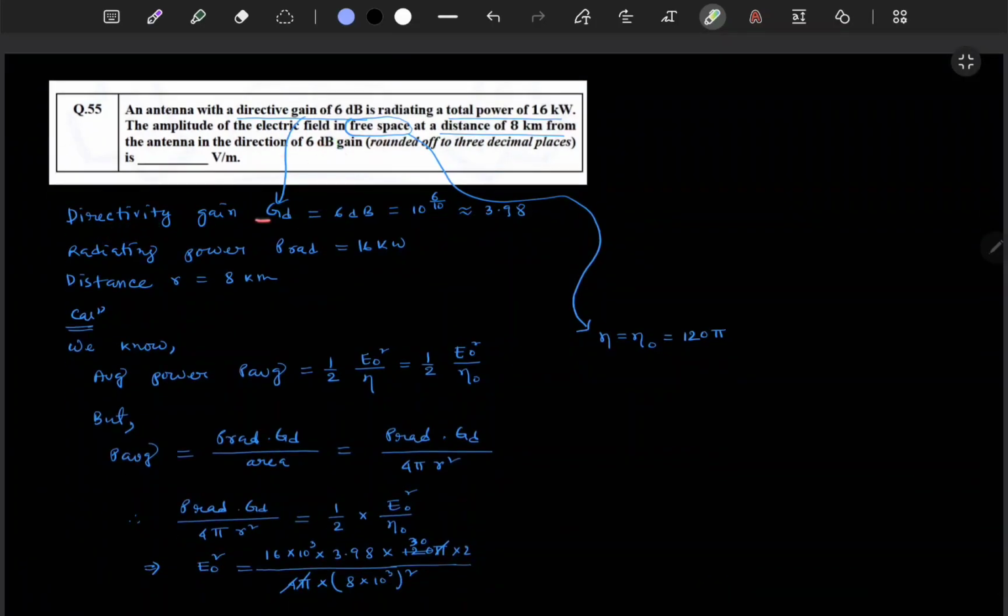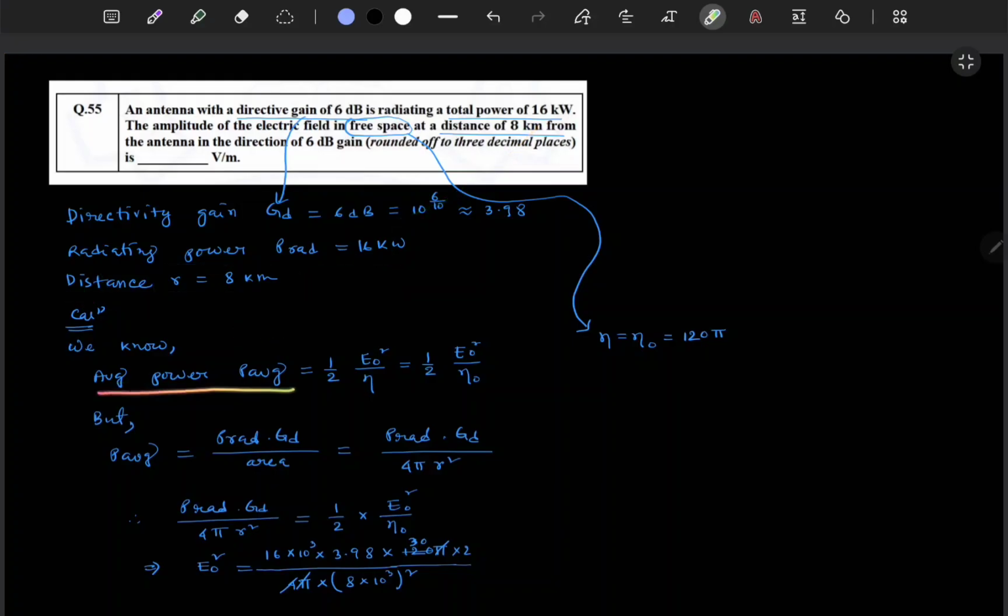The directive gain is given here as 6 dB, and if we convert it into normal form, it will be 10 to the power 6 by 10, so it will be 3.98. Now radiating power P rad equal to 16 kilowatt, and the distance here is given as 8 kilometer.